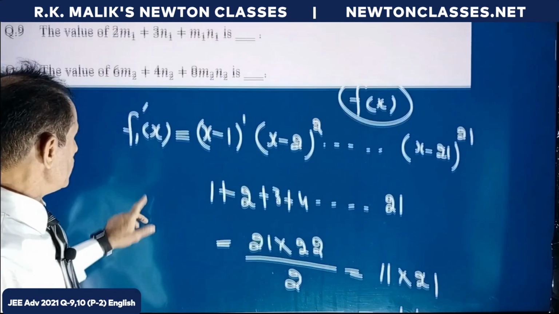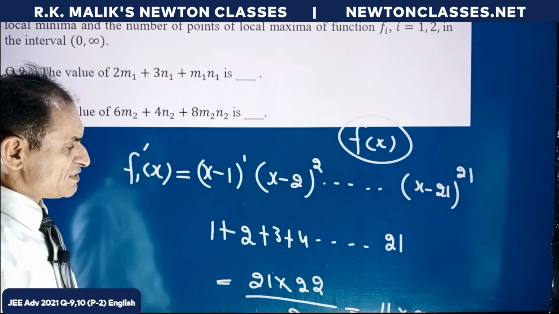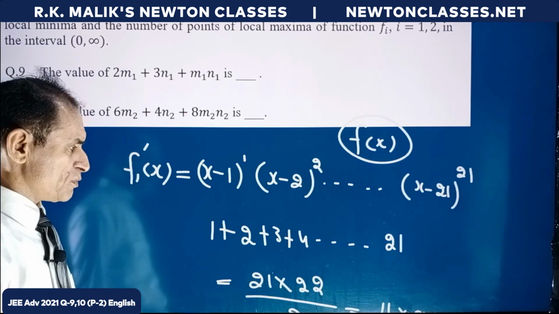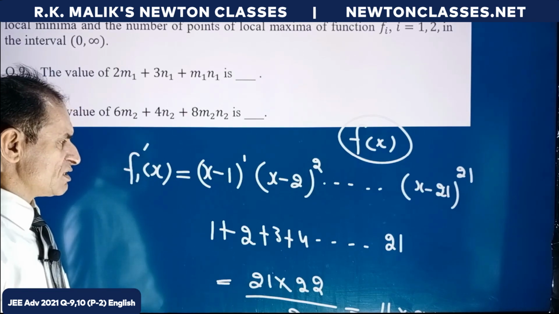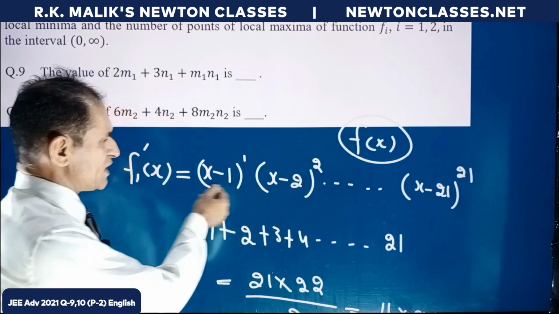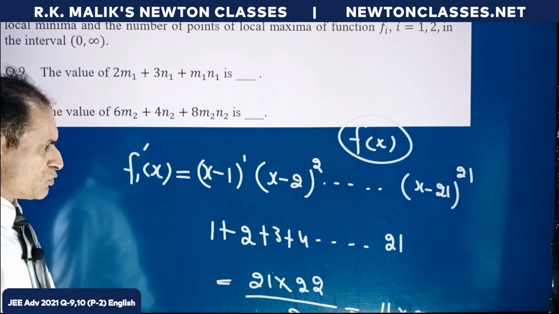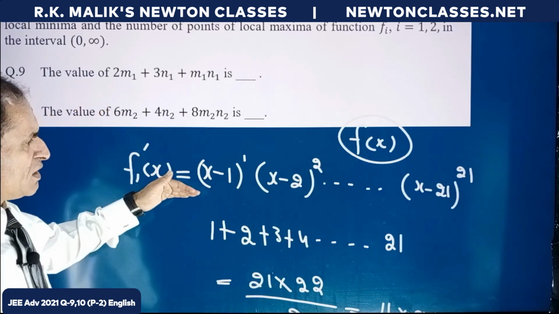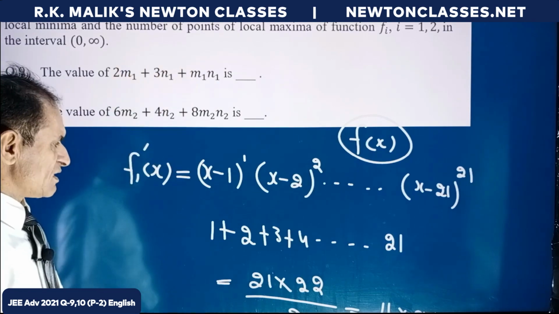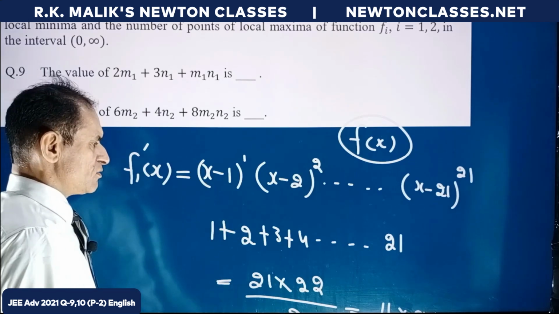This is the degree of f1 dash x, that is f1 dash x is odd. Hence I can say the original equation is sure to be an even degree equation, and it is also clear that the coefficient of maximum power of x in this is going to be 1, which is positive, and therefore in the original function, that is in f1x, the coefficient of maximum power of x will also be positive.